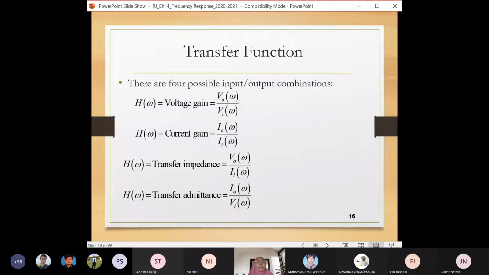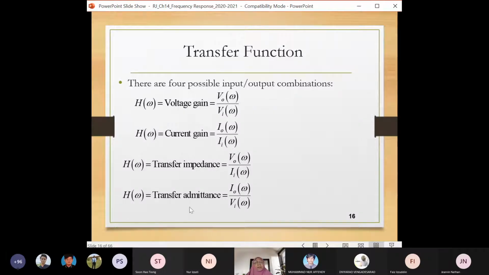If you want to observe current output with the effect of changing voltage input, or the ratio of Io over Vi, you will have the transfer function known as transfer admittance. So these four categories are voltage gain, current gain, transfer impedance, or transfer admittance.